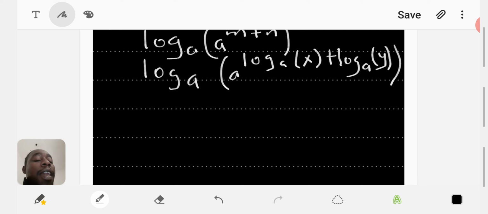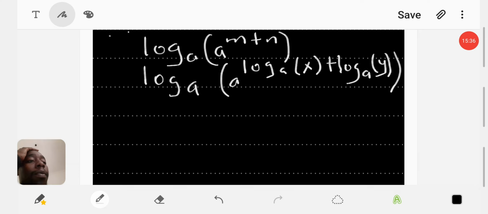But now, at the same time, okay guys, as we can see now that we have a log to the base of a of a to the power of log to the base of a of x plus log to the base of a of y.